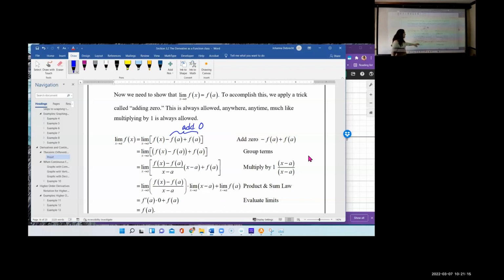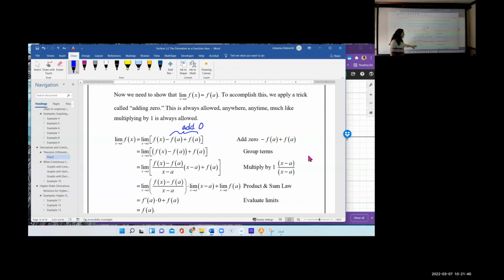But this lets me split the limit up using limit laws. I can take the limit of this first part times the limit of x minus A plus the limit as x approaches A of f of A using the product and sum laws of limits. I know the first one exists because I assumed it was differentiable, and that means f prime of A exists.